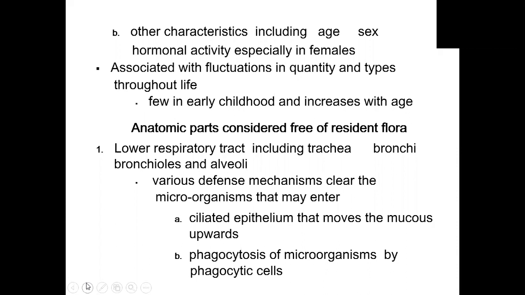Then as you go upwards, you come to the upper respiratory tract, which we are going to mention in the other part. So this lower part of the respiratory tract, there are various defense mechanisms that clear microorganisms that may enter. I think I've already mentioned ciliated epithelium that moves mucus upwards, and phagocytosis of microorganisms by phagocytic cells.